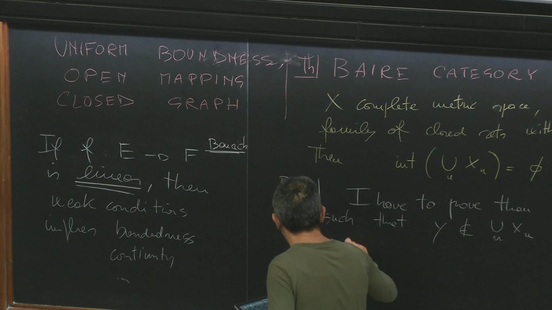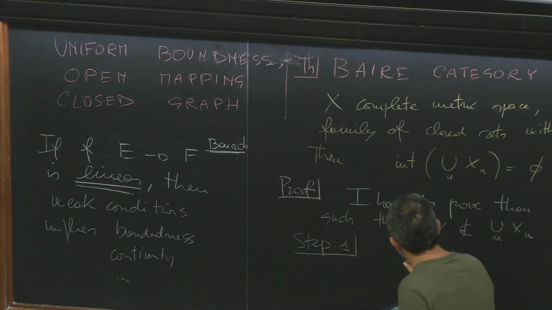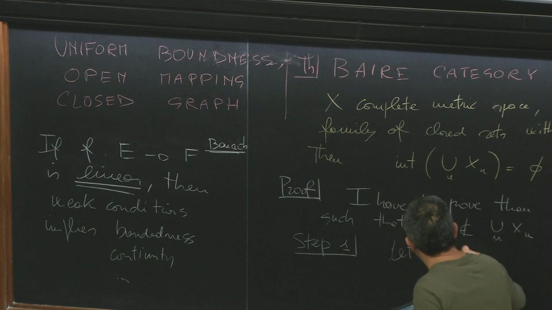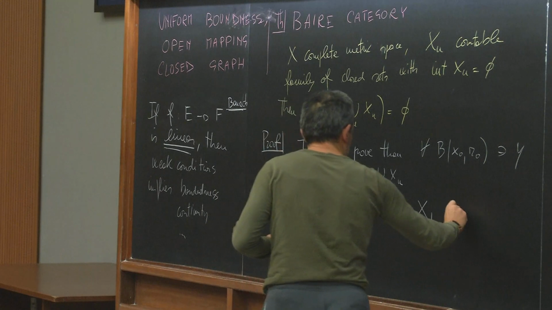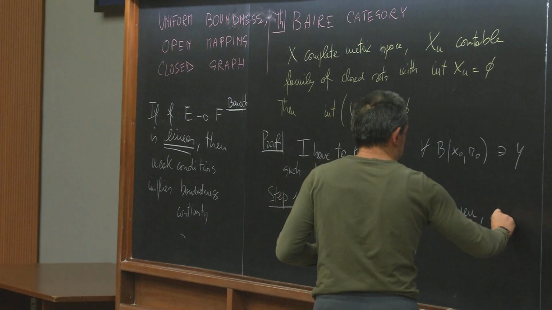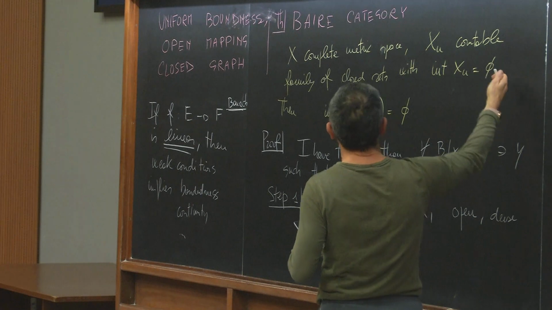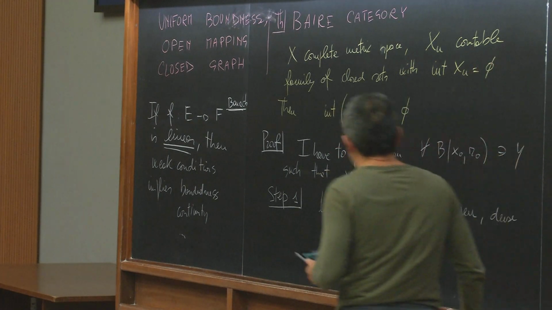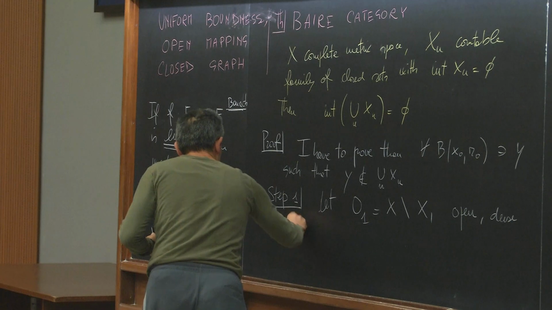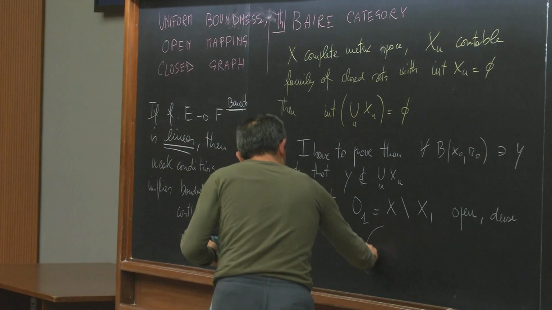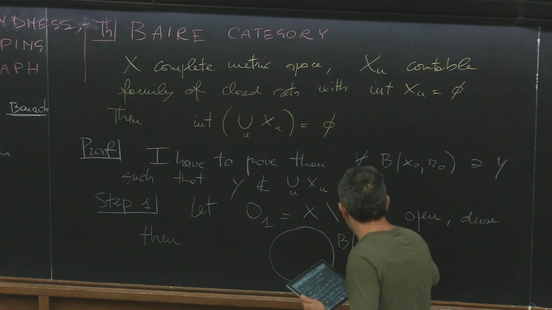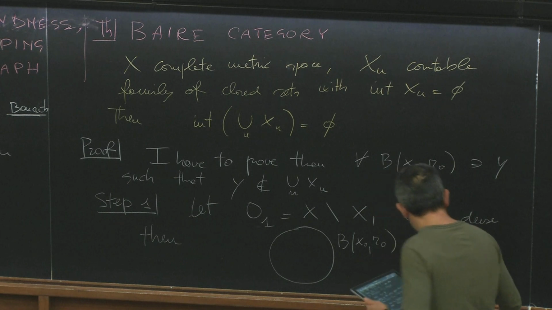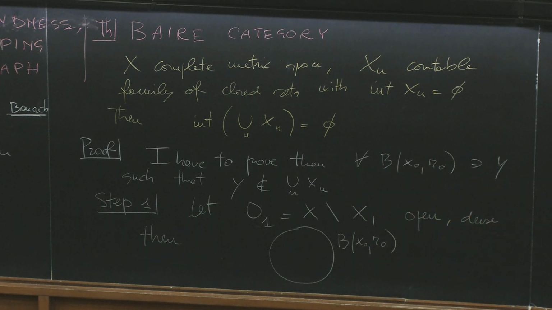Step one. Let O1 be X minus X1, which is open and dense, because the interior of X1 is empty. So I have fixed this ball B(x0, R0). And then I can pick another ball, which I can say is closed.